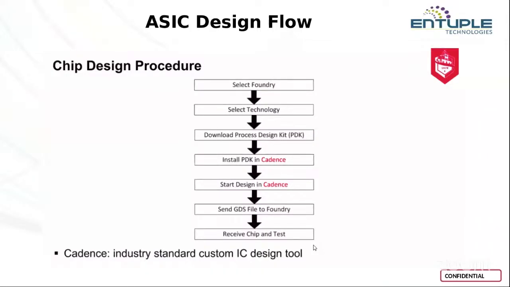So we are installing the PDKs in Cadence and start designing in Cadence tools for the entire RTL to GDS flow. Once the complete design and the GDS file are ready, we send it back to the foundries to manufacture the IC. Once the IC is manufactured, after testing we receive the IC and keep on progressing.